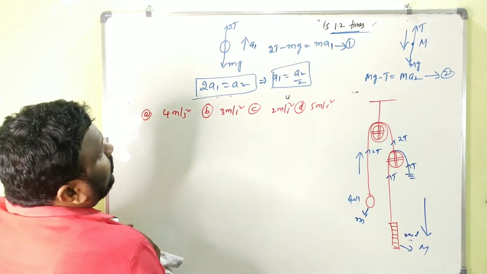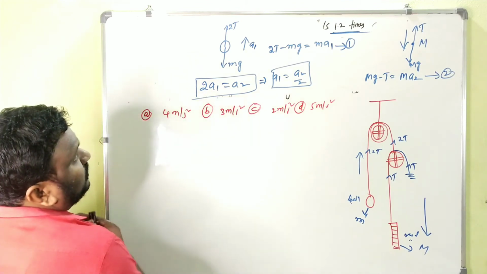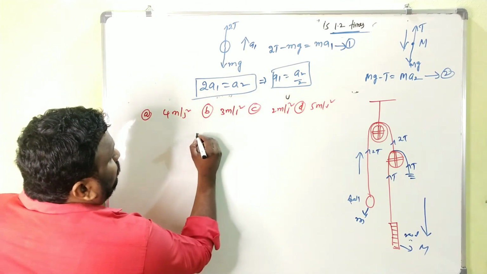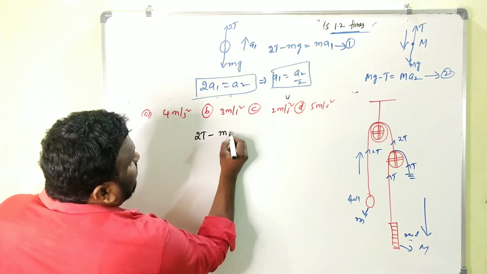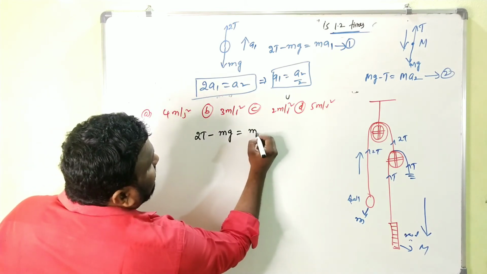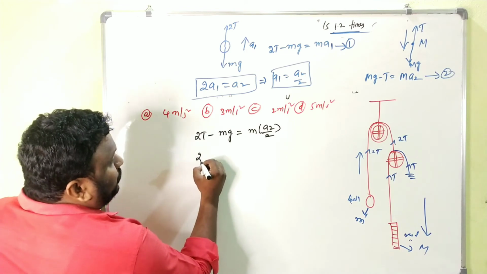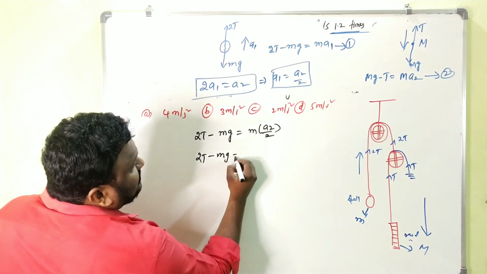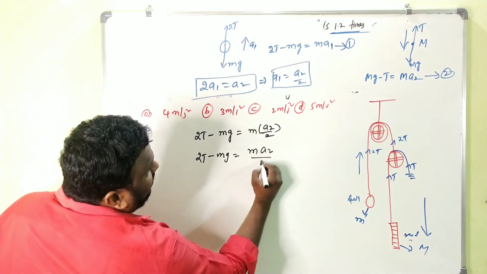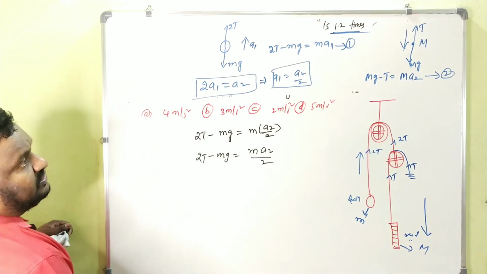You have to substitute the A1 value. Then what you get here? 2T minus mg is equal to m into A2 by 2. Clear?